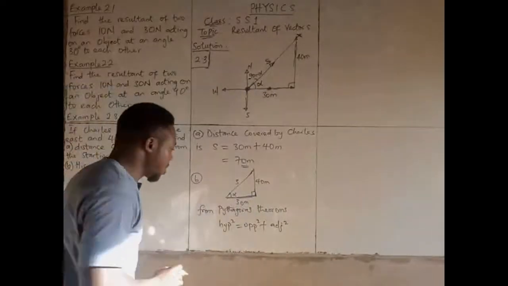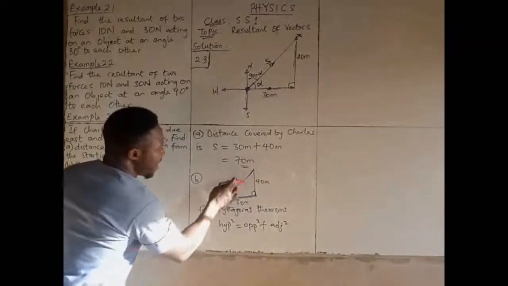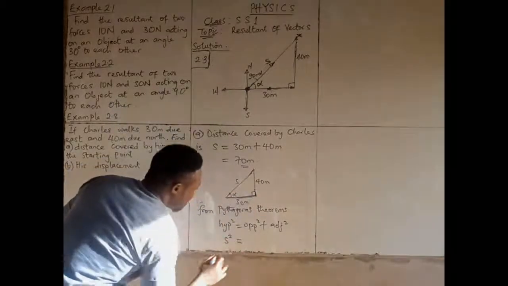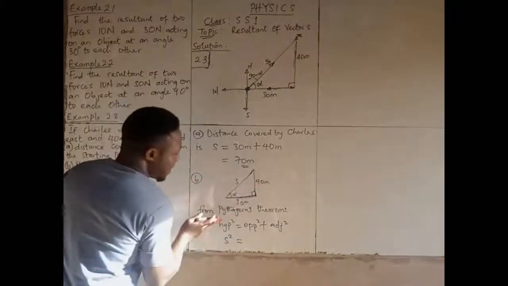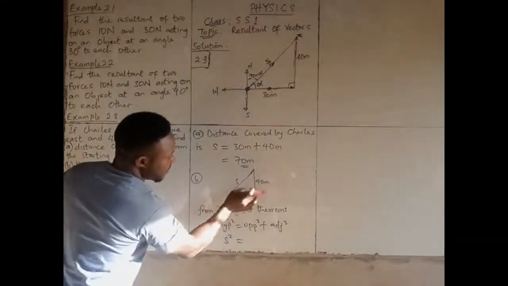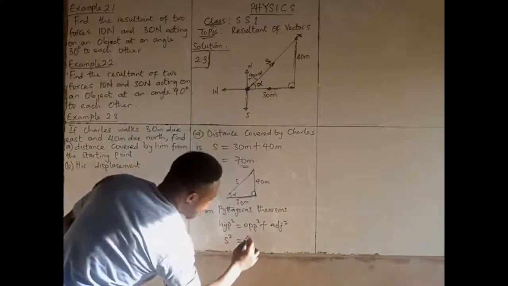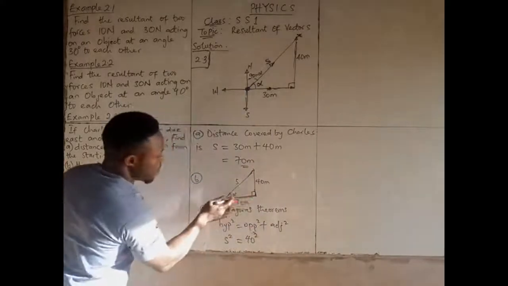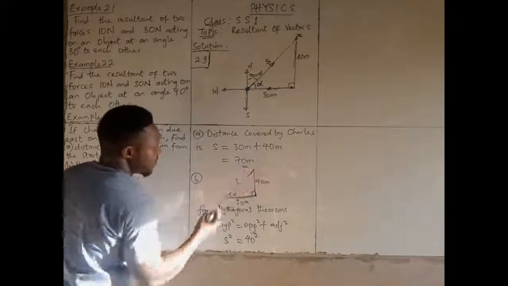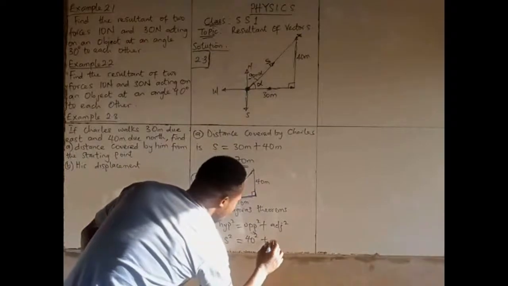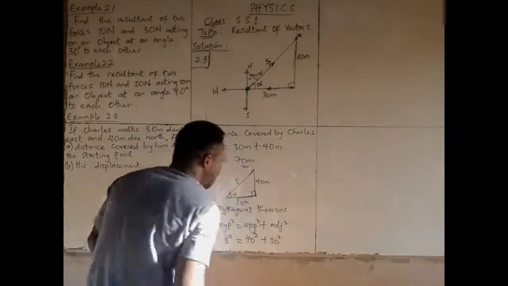The hypotenuse is the side facing 90 degrees, that is S squared, equals the opposite squared, the side facing alpha, which is 40 squared, plus the last side, the adjacent of alpha, which is 30 squared.